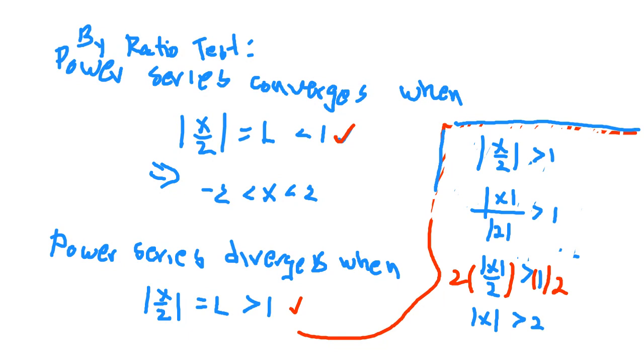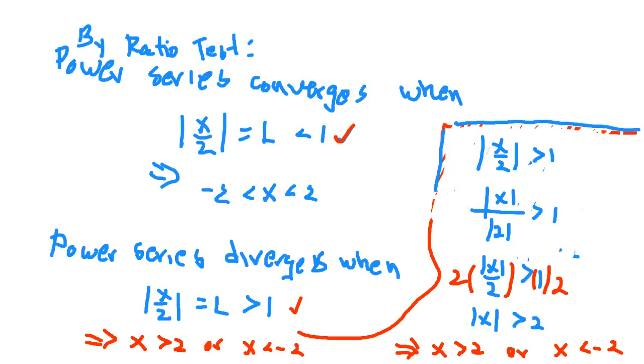If the absolute value of x is greater than 2, this means that either x is greater than 2 or x is less than negative 2. So this means the power series diverges when x is greater than 2 or x is less than negative 2, right?